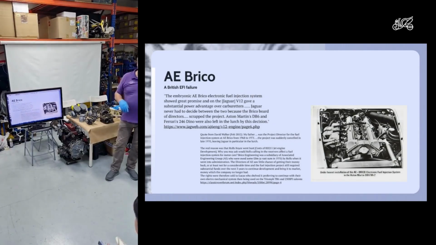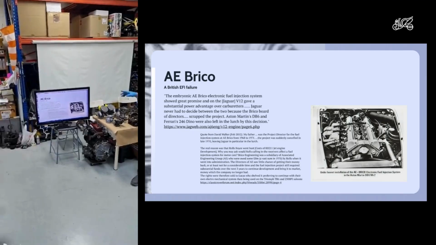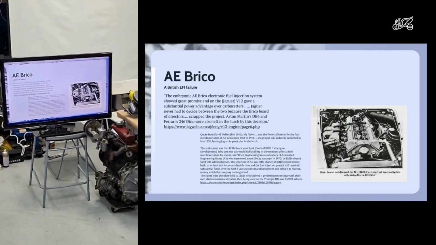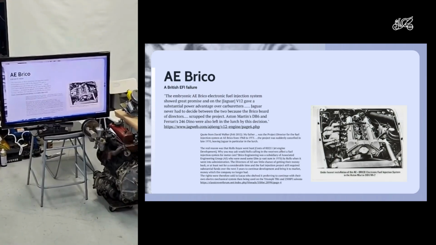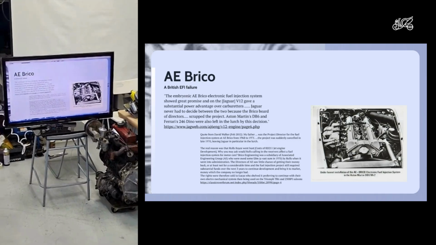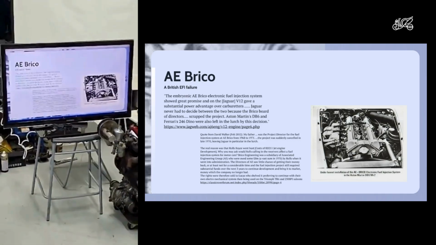Another one which you probably haven't heard of is this company Brico. They also were developing injection technology based on the Bendix system, and it was due for the Series 3 E-Type. So the Jaguar V12 was designed to have fuel injection from day one.